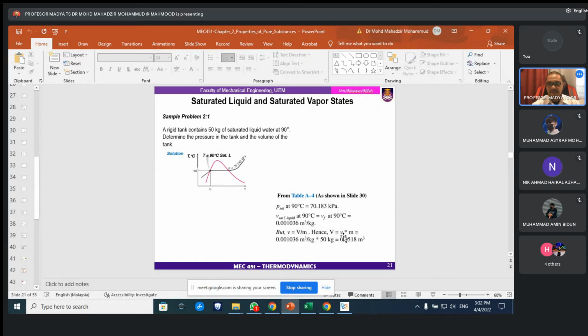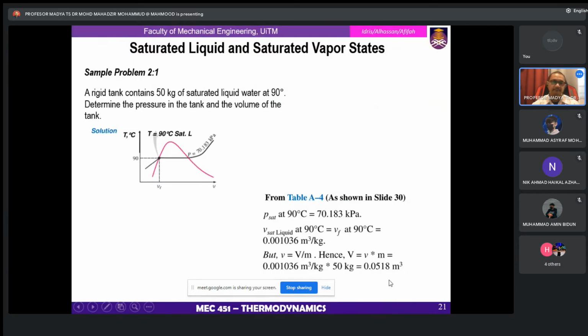Specific volume has been found. Just put into the equations, and from there you will get the answer of volume, 0.0518. So this is the answer for volume and also the pressure.